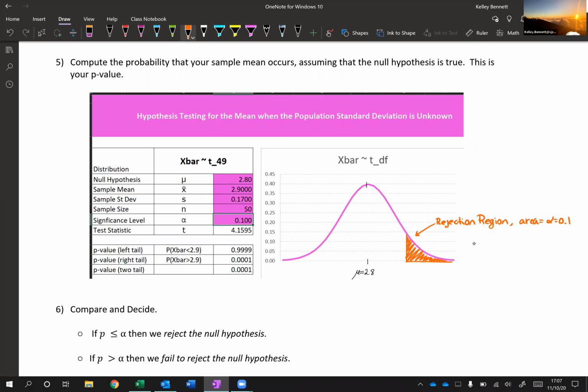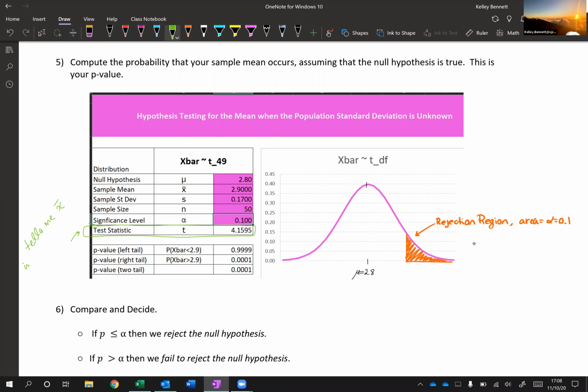Before, we had to split up our area equally into the two tails, which is how we got 0.05 and 0.05. But now all of our area is going to be to the right. And what we want to do is look at where our X bar lands. So the test statistic T, remember that this tells me how far away X bar is.